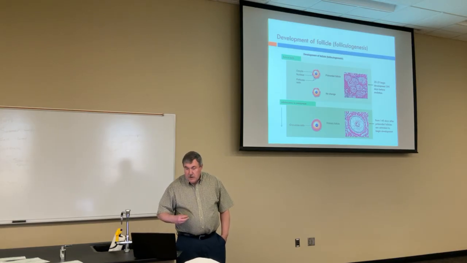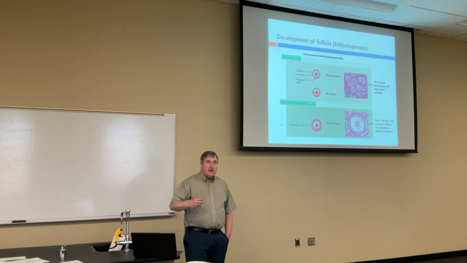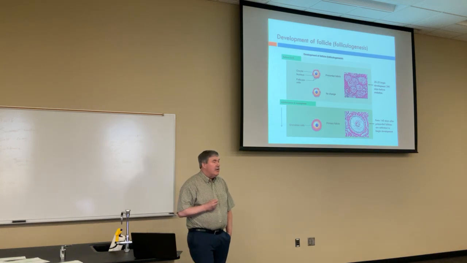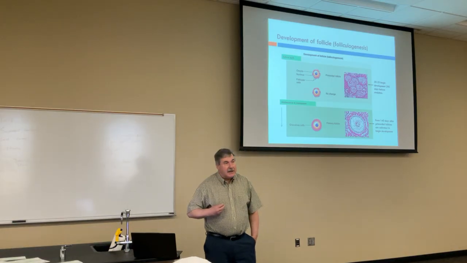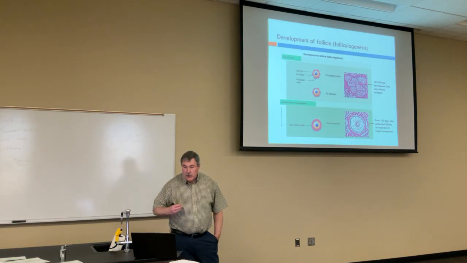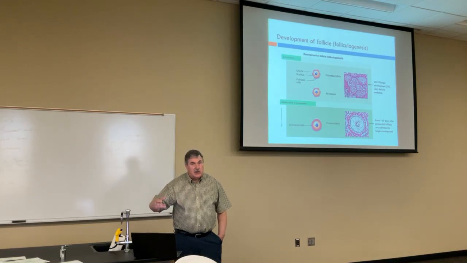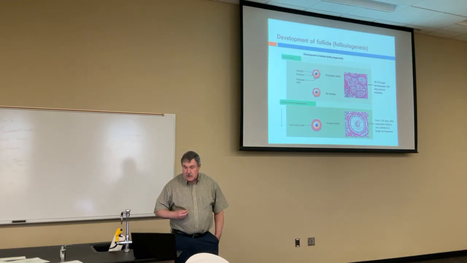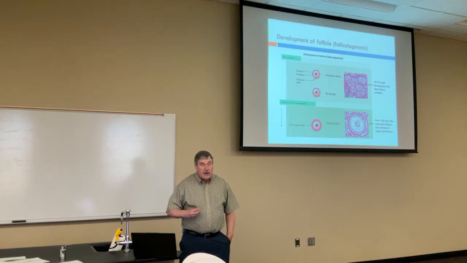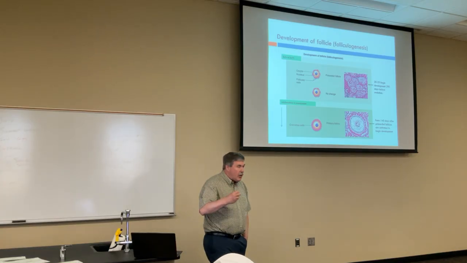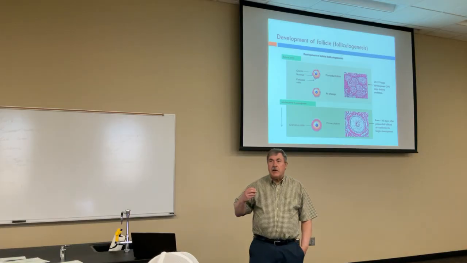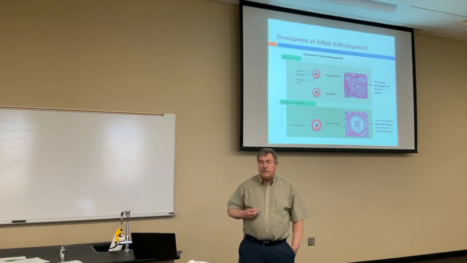So, following childhood and puberty, once the hypothalamus starts secreting gonadotropin-releasing hormone, every cycle, which averages about 28 days, anywhere from 20 to 25 primordial follicles begin developing.